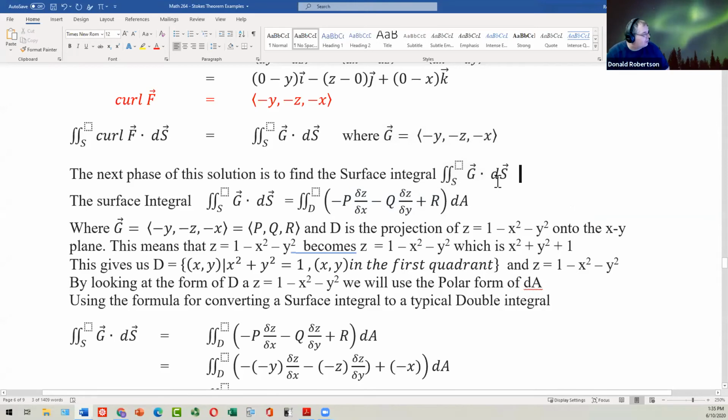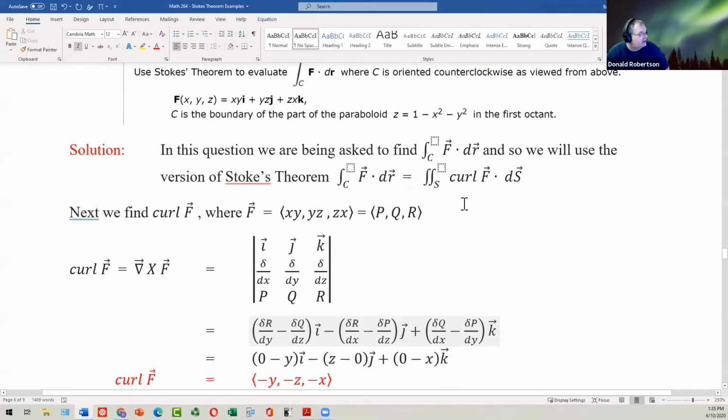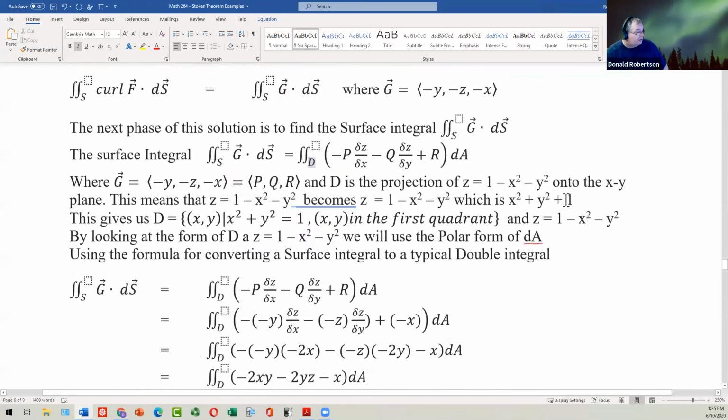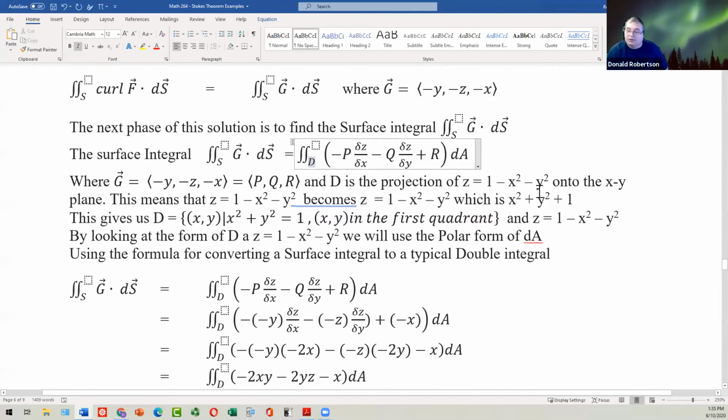So the only thing I've got left is, what does D look like? So you've got to imagine that you took this surface here and you projected it onto the floor as a shadow. Now, how do you do that? You just make Z 0. Can you see that becomes x squared plus y squared equals 1? So if you make Z 0 and you tidy it up a little bit, it's a circle.